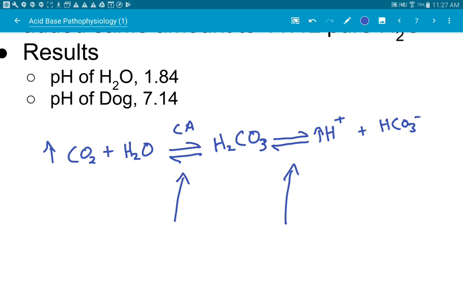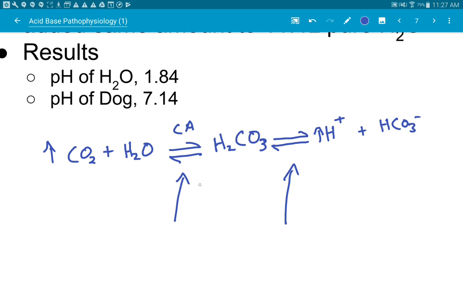It can go one way or the other. And do you remember some of the factors that can drive a reaction one way or another? Energy, a stimulus, like lowering the energy of activation. What else? Catalyst. And actually, this is a catalyst. Cool enough, this carbonic anhydrase.